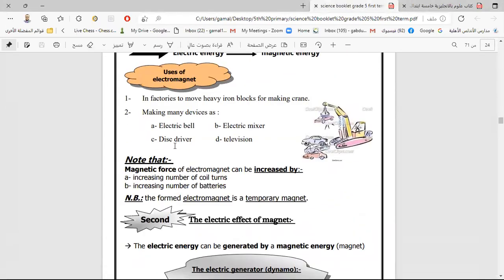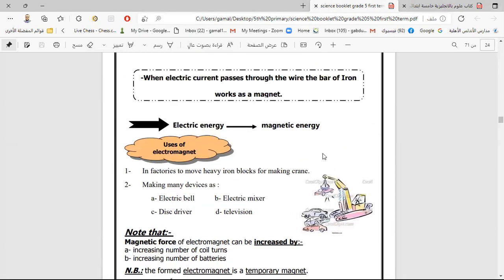Here you can see the crane or the winch carrying a car. This is the use in a factory. The use of the electromagnet in the factory is in cranes or winches. This crane or winch has what?